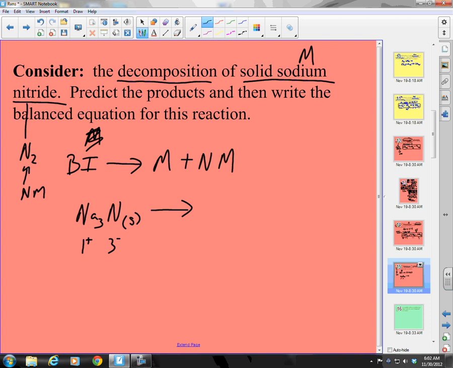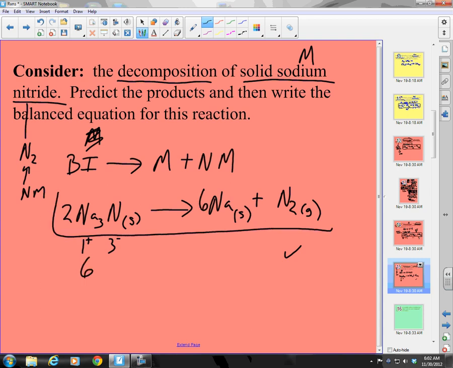It's going to form my metal, sodium, plus my non-metal, nitrogen. And remember, nitrogen is diatomic, sodium is solid. We need to balance this. I have 2 nitrogens here, so 1 over here. I need a 2 here. Now I have 6 sodium, so I need a 6 here. So that would be our equation.